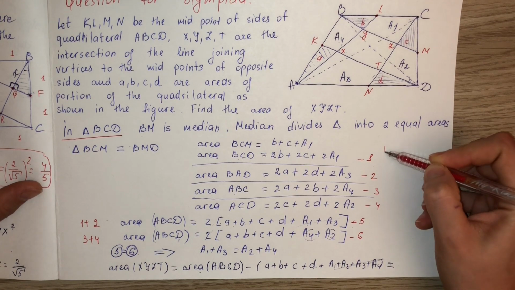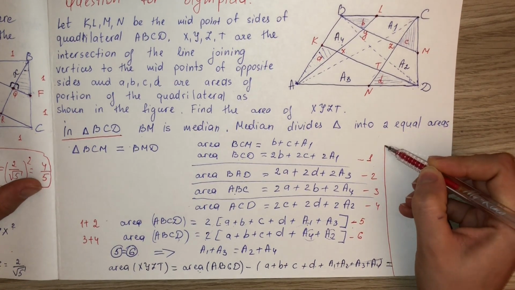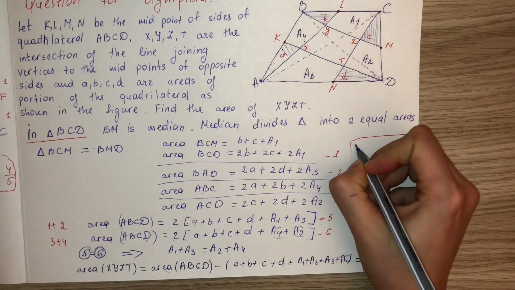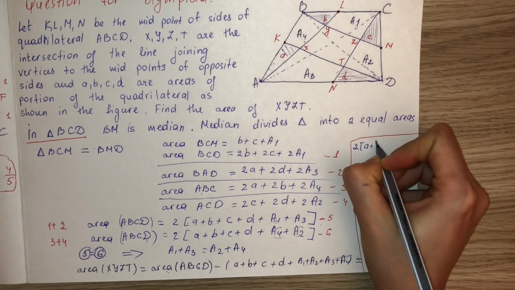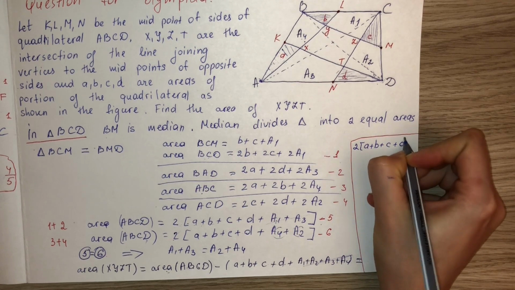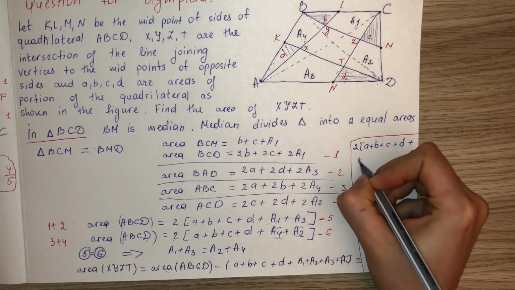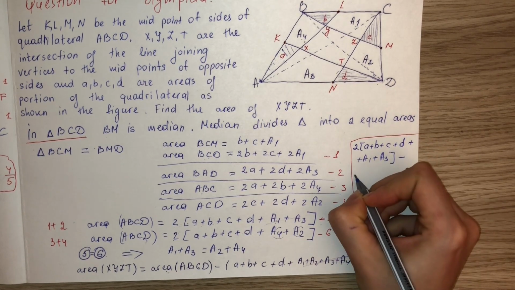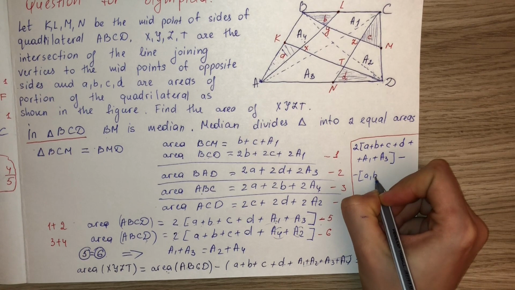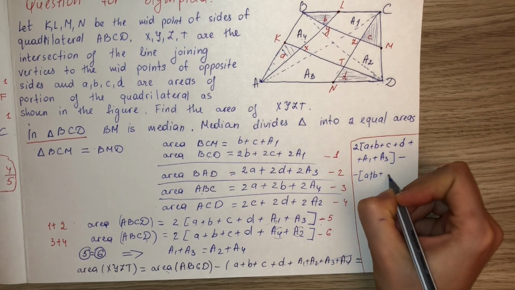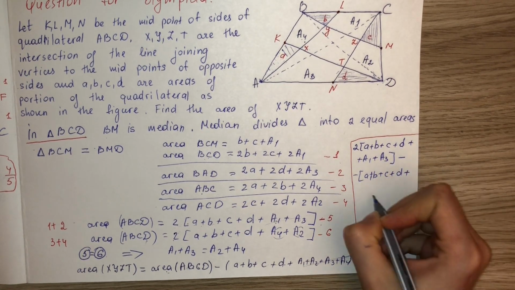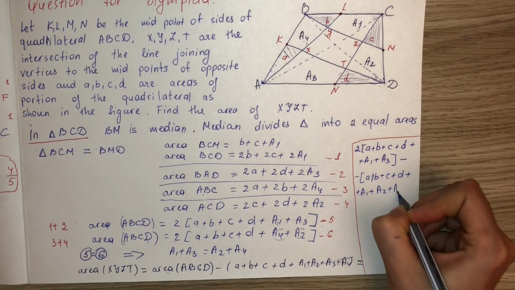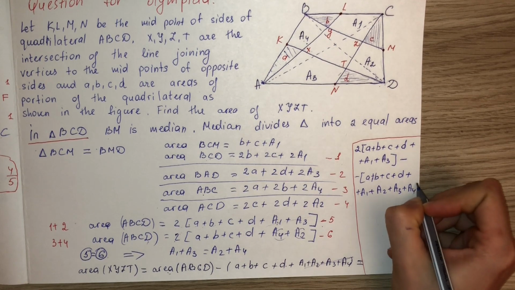Okay, I will write it there. Two times ABCD plus A1, A3 minus ABCD plus A1, A2, A3, A4.